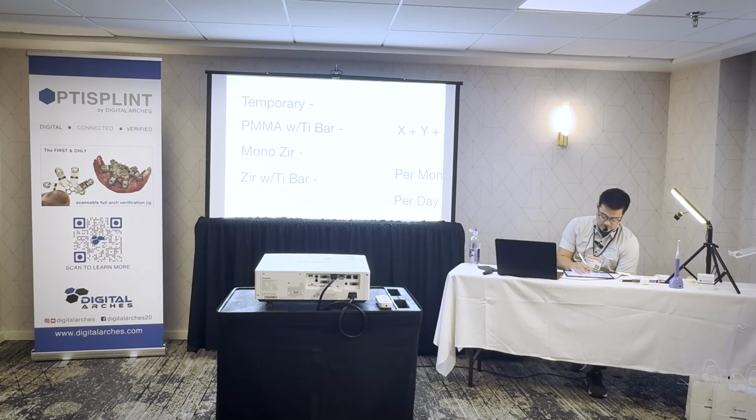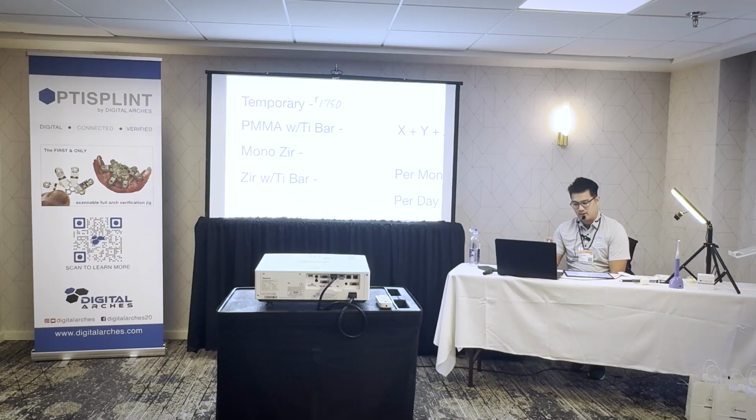We charge, and this is in Oregon, $1,750 for a temporary. So if someone scans a case with OPTISPLINT and then we deliver, usually with tie bases, that's what we charge: a global fee, full arch, per arch. Whether it's 4 or 6, or the FP1 that has 6 or 8, we charge the same. PMA with a tie bar is like a long-term solution.